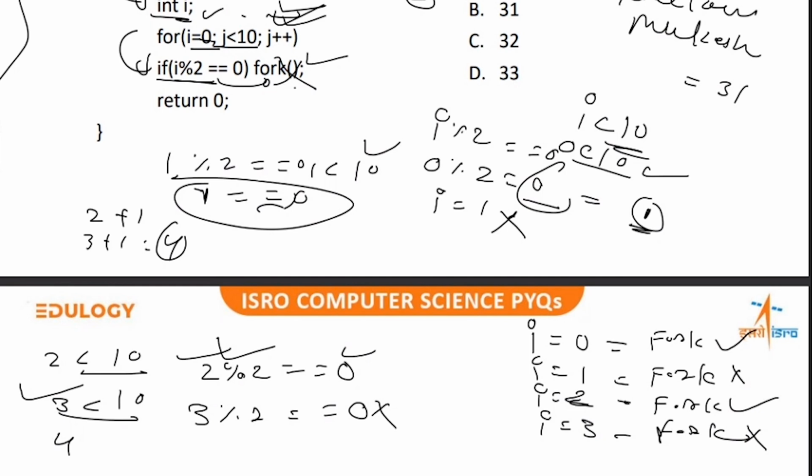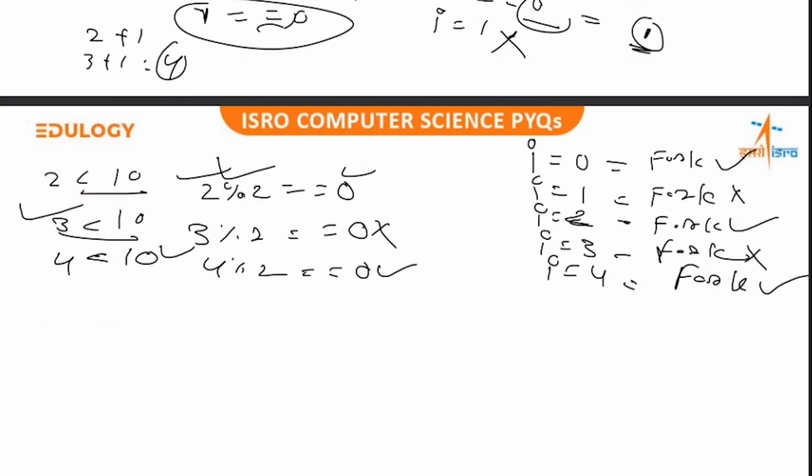Now 4 is less than 10, and 4 modulo 2 equals 0. It is true, so for i equal to 4 fork will again be executed. Now see again, 5, 6. You got what I am doing over here.